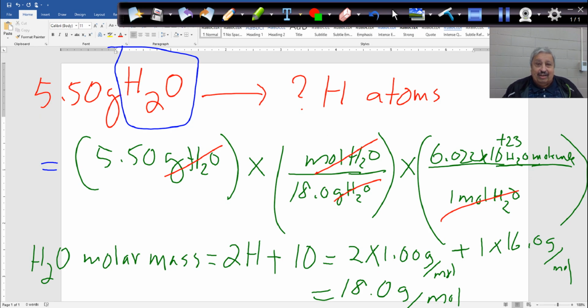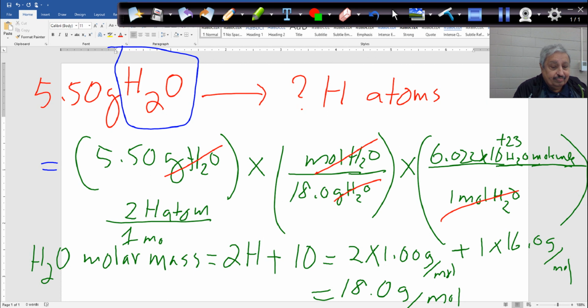Now here is the new step we have to introduce. I have molecule H2O, but I don't need molecules of H2O, I need atoms. So I will say I have 2 hydrogen atoms in 1 molecule of H2O, correct? That's what it says here.